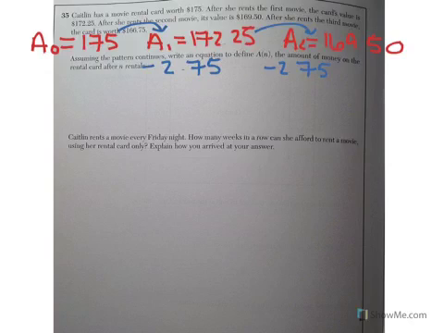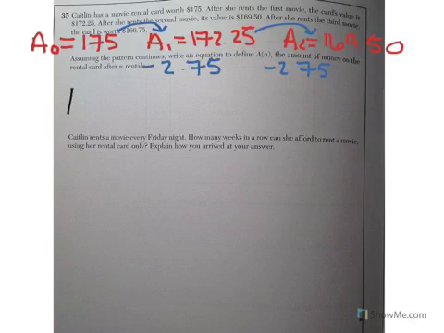All right, so this is an arithmetic sequence, right? Arithmetic is you're either adding something consecutively or adding even a negative number consecutively. Geometric would be if it was a multiplying factor. So this is an arithmetic sequence, and it says, assuming the pattern continues, write the equation to define A of n.